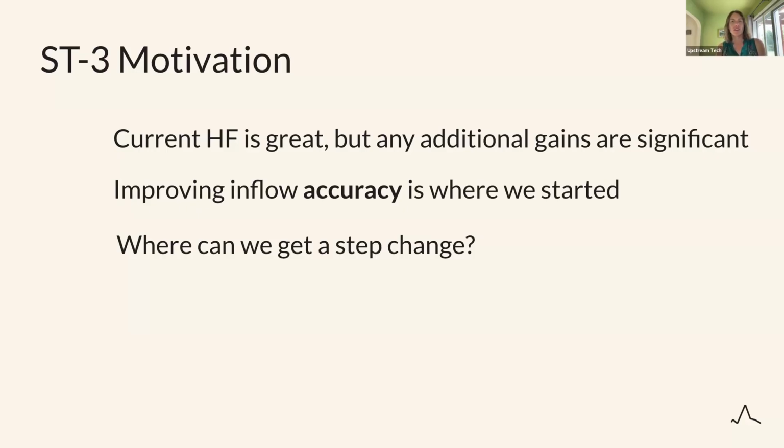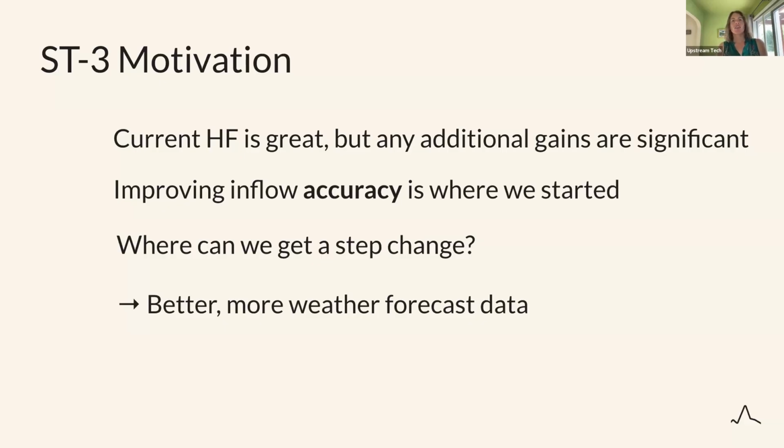So where is it that we can find more accuracy? If I was in a room with all of you, I'd ask for hands and get your thoughts on this. But I think you won't be surprised that where we think we can get the best accuracy is by including more weather forecast data: better data, more frequently, from more sources.